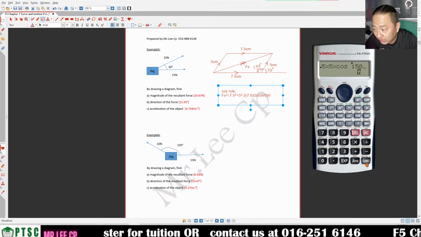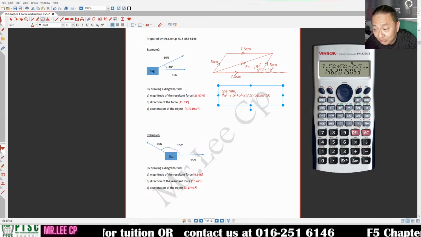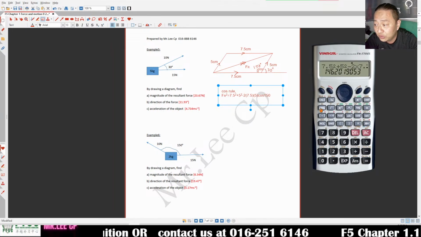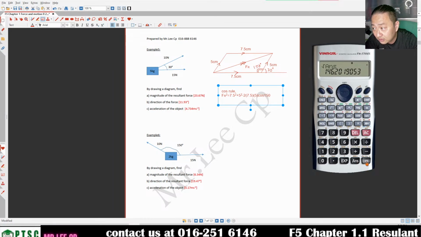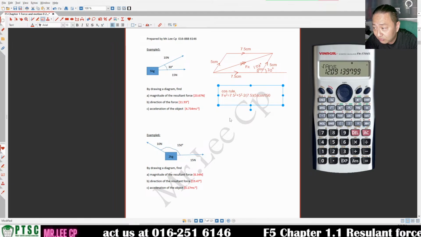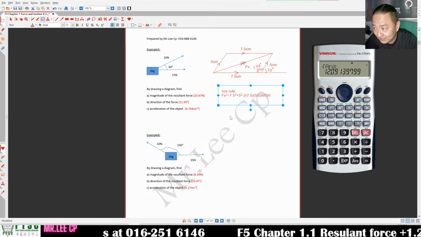Alright, so we get FR squared, this is the resultant force squared, and then I need to square root my answer. Square root is my FR. So my FR is 12.09.